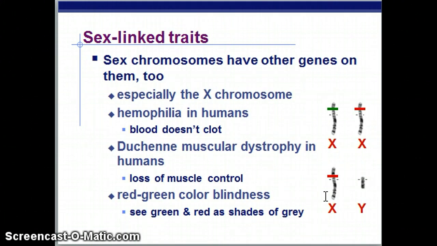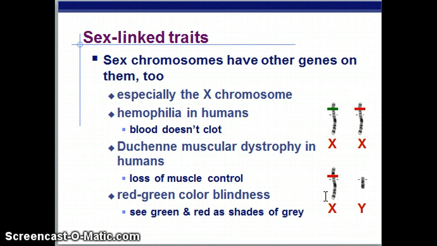So for sex-linked traits that we have touched on, basically sex chromosomes have other genes on them too, especially the X chromosomes. Hemophilia in humans is a genetic disorder where blood does not clot. So if you get a cut, this can be a very dangerous disease because instead of the blood flow stopping on its own, it doesn't.